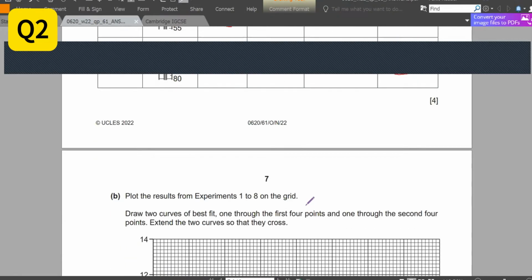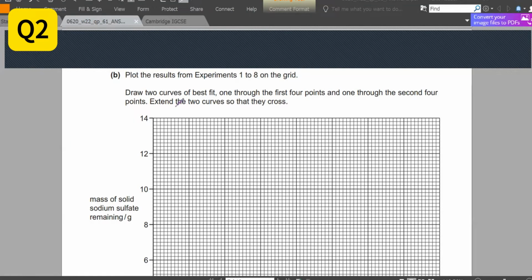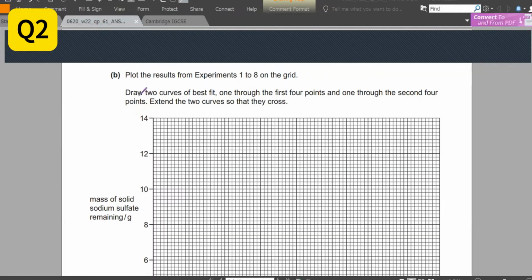All right. So next part of the question, we're going to plot the results from experiment 1 to 8. We are supposed to draw 2 curves of best fit, one through the first 4 points and one through the second 4 points. Extend the 2 curves so that they cross.